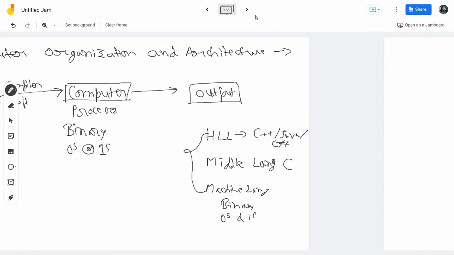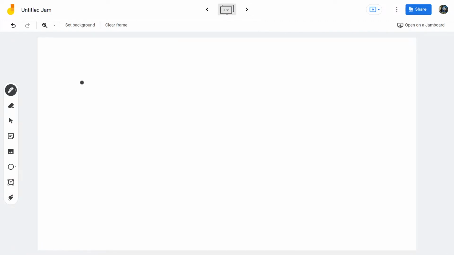In this tutorial, we are going to see the language of bits, the language that a computer understands. A computer can only understand the language of bits.